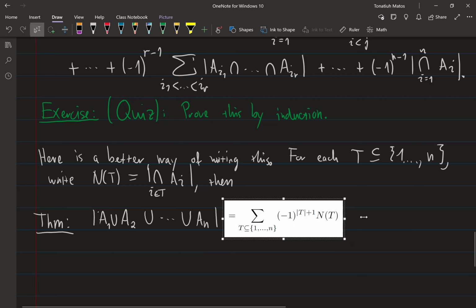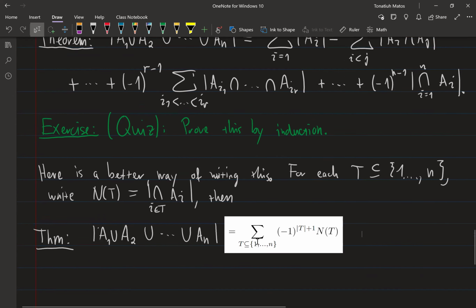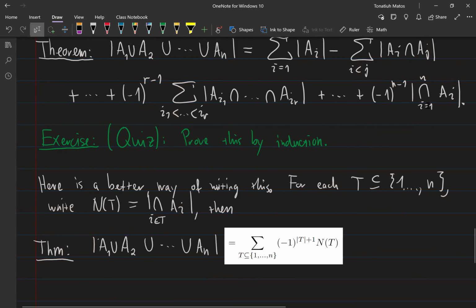It doesn't require all of these dots in the middle. It's the same idea, right? You're increasing the size of t because you're adding more and more sets to the intersection and taking all possible combinations, all pairs, all triples, all quadruplets, quintuplets, and so on, until you're done. And in the end, you have to deal with the intersection of all sets. You either add it or you remove it depending on the parity of this.